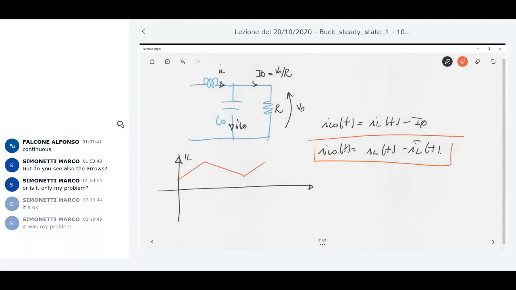Considering that the average value is exactly I naught, the current flowing through the capacitor is simply IL minus its average value.